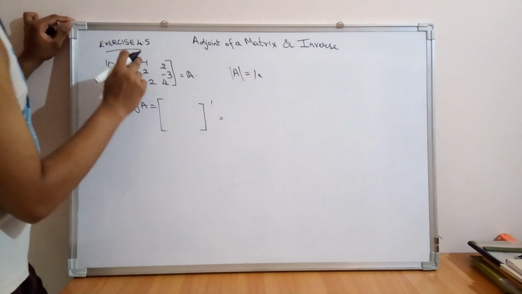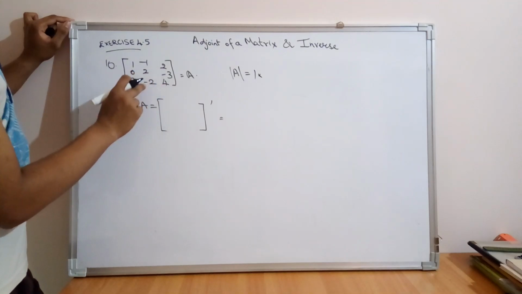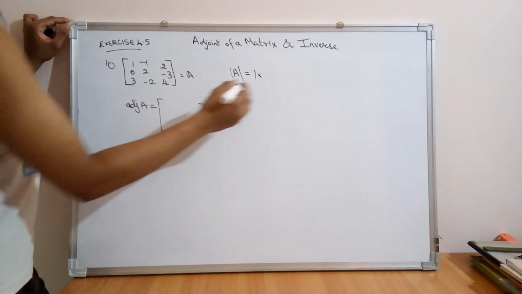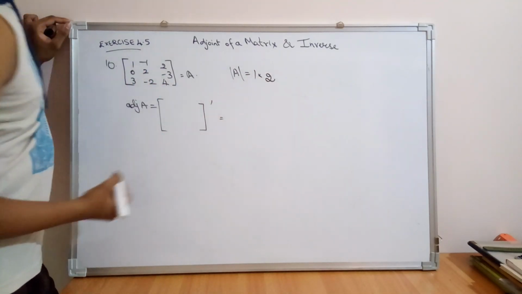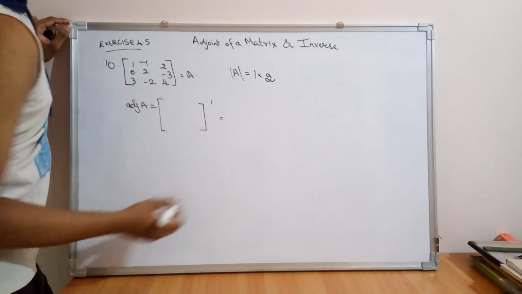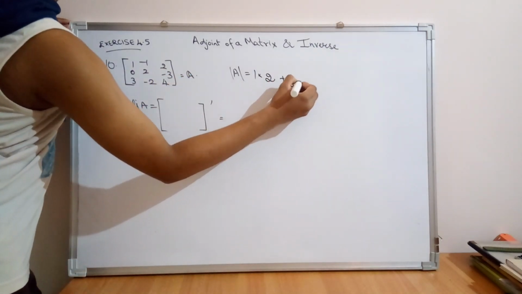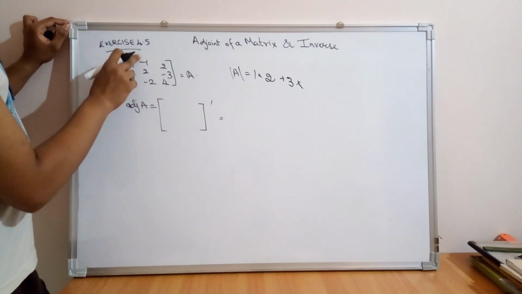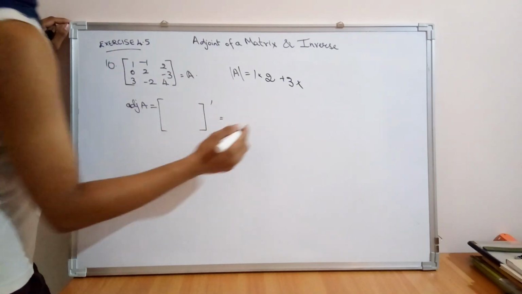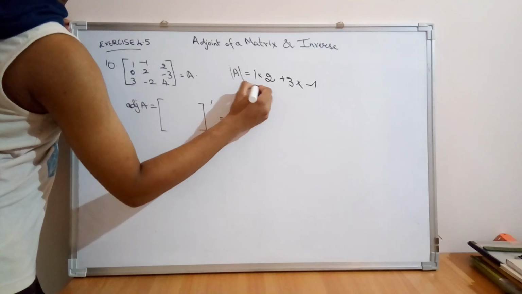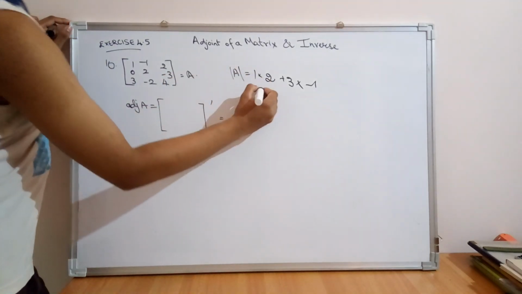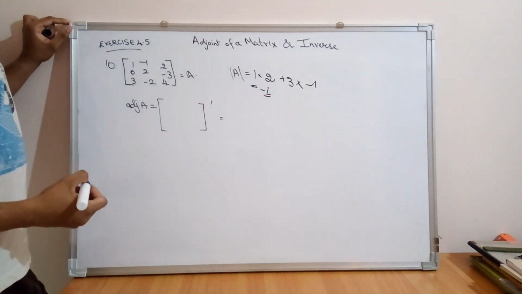So it is 1 into 8 minus 6, that is 2. Okay, then we have 3 here, that is plus 3 into 3 minus 4, that is minus 1. Okay, so minus 1 is going to be the value of the determinant.